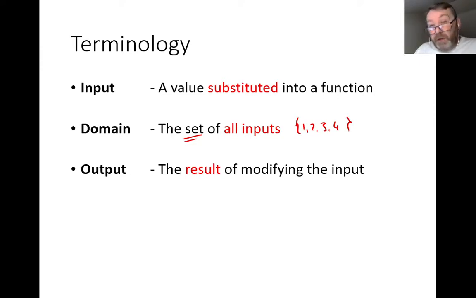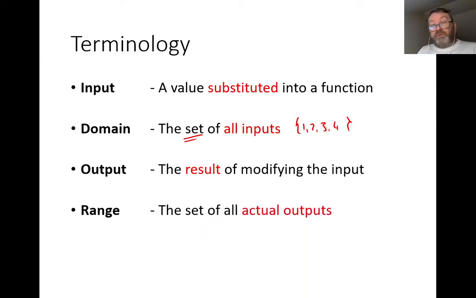When we gather all the outputs together, we get what's called the range. So let's just say, for example, that in this case the function was plus 2. So when you put these in, you're going to add 2 to each one, which means you'd get out 3, 4, 5, and 6. So 1 plus 2 is 3, 2 plus 2 is 4, etc. And again, a range is a set of values.